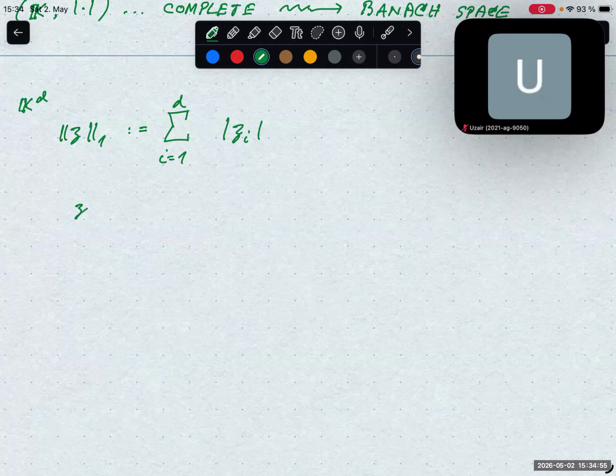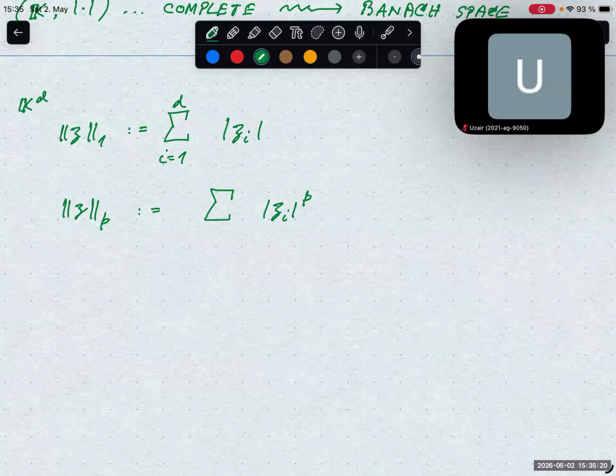Say, the so-called P norm. What does it mean? Instead of taking just the absolute value, you say, okay, let's make life more interesting. I take the absolute value to the power P, where P is 1, 2, some integer, but not infinite. Infinity is not an integer.